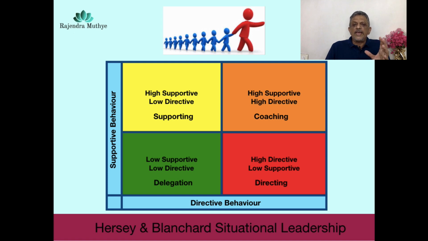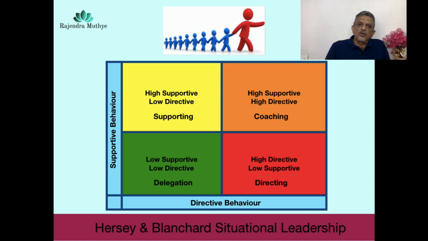Okay, then as he starts growing in the organization, you need to be high directive and high supportive, which is mainly coaching. First you are clearly directing. In the second quadrant you are actually coaching him, giving him instructions. This is how you do it, and you are going to be there for him, all that kind of coaching.